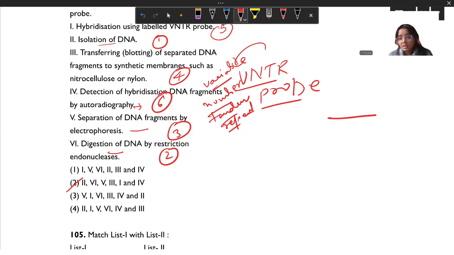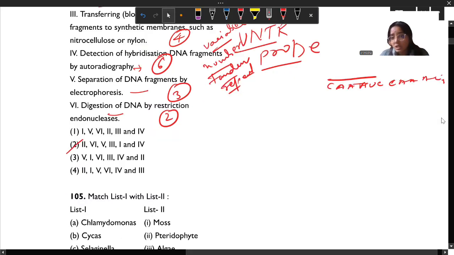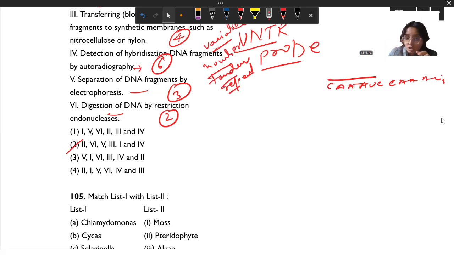So let's suppose it is like CAA, then CAA, then AUC, then again CAA, then again AUC. So it's a small segment of DNA in which a sequence of nucleotides is repeated in different numbers. That is the variable number of tandem repeat probe.